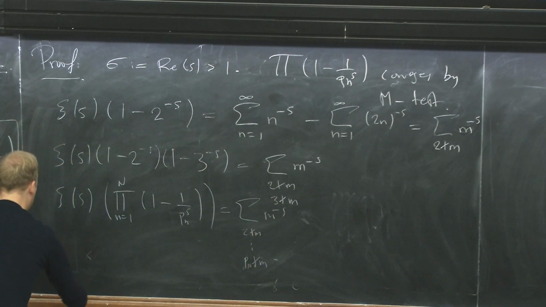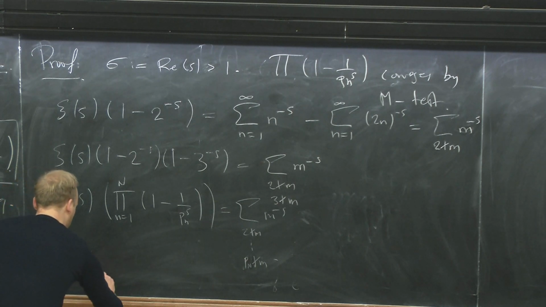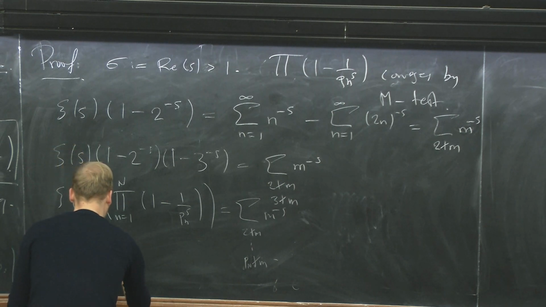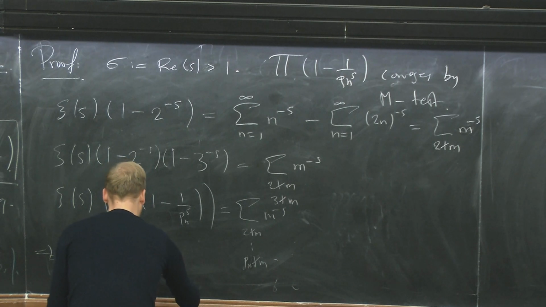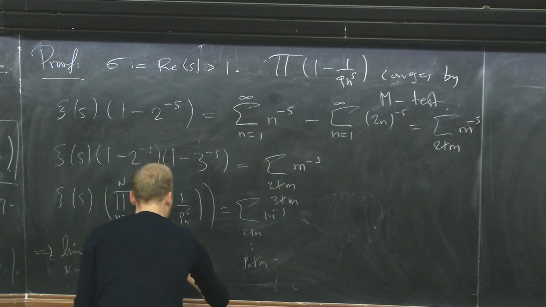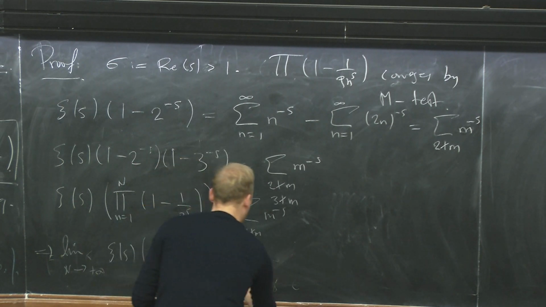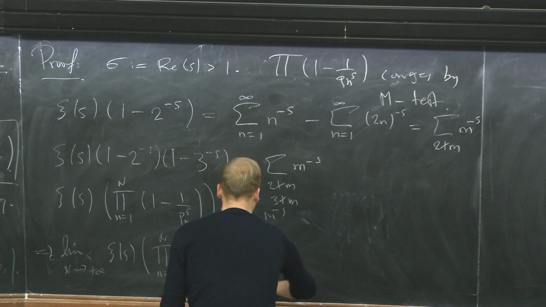And what we'll get is that the limit, so you can check this claim, as n goes to plus infinity, we check that the zeta function of s times the product, this thing I wrote over here, is equal to 1.